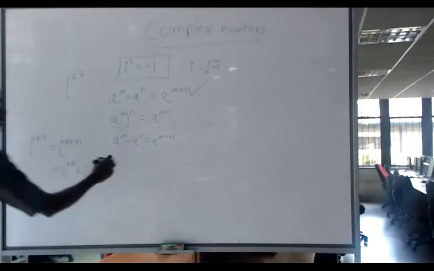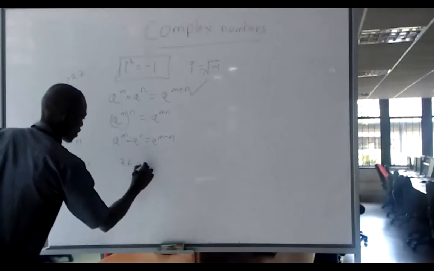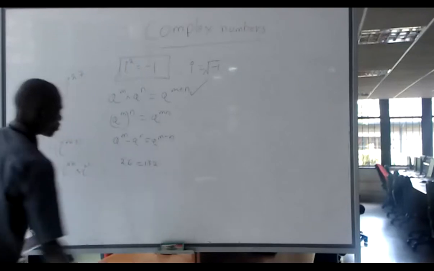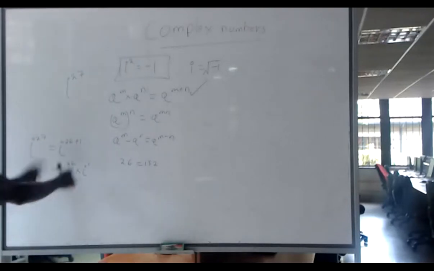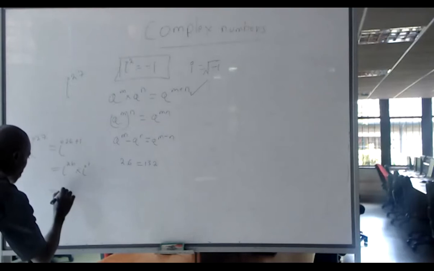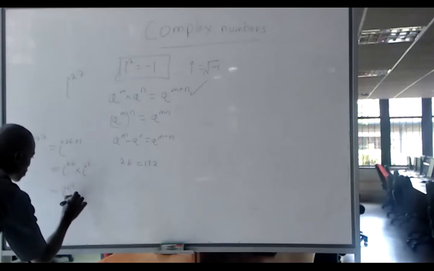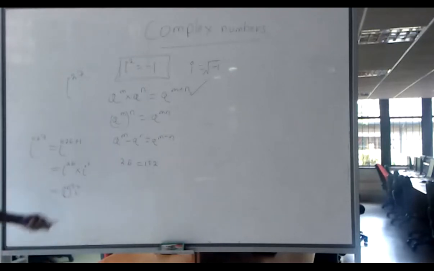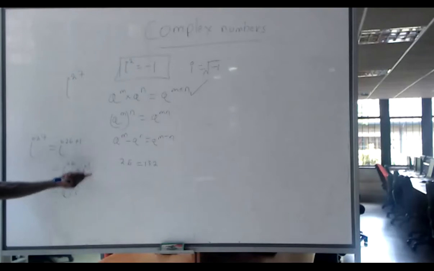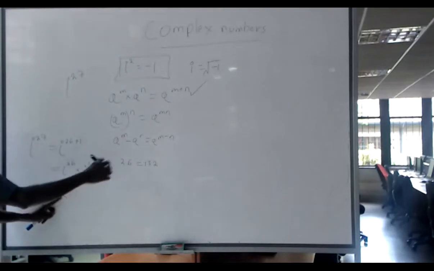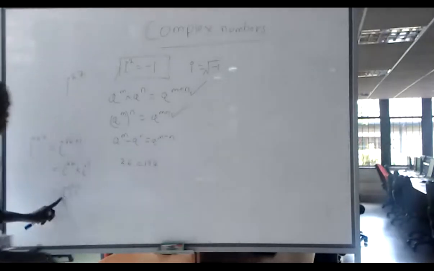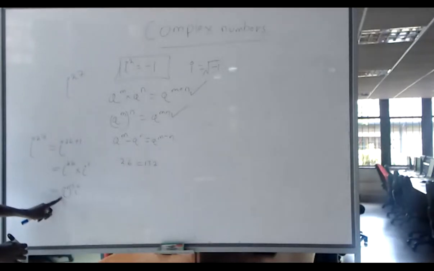I can again write 26 as 13 times 2. So I to the 26, I can write as I squared, all raised to 13, times I, where I've written times I because I to the 1 is simply I. Here I've used the second law. Your handwriting cannot be seen. What did you write there?